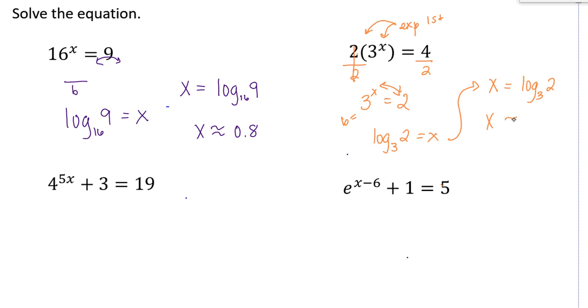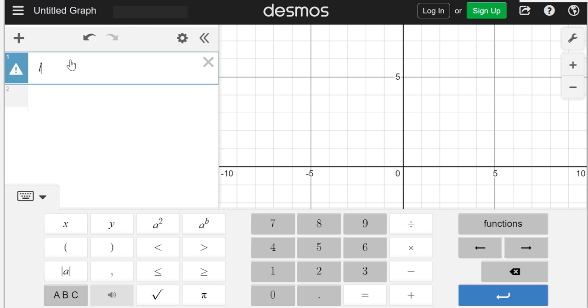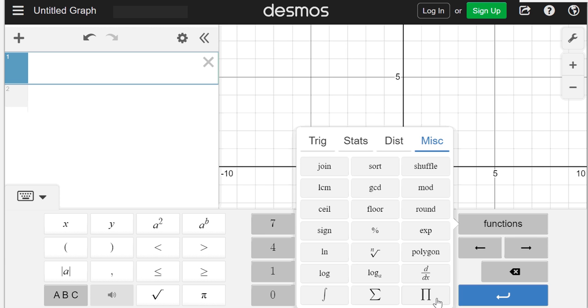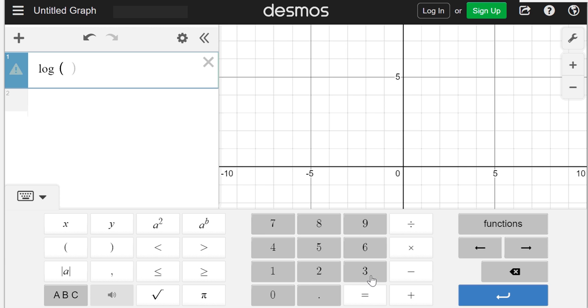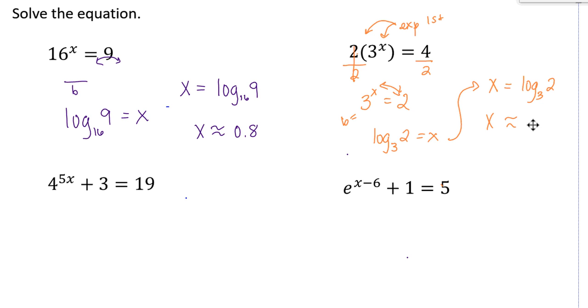We're going to plug that into the calculator and say that it's approximately, let's try Desmos this time, under functions, miscellaneous, log base, log base 3 of 2, 0.63. If we round to one decimal place, that will be 0.6.